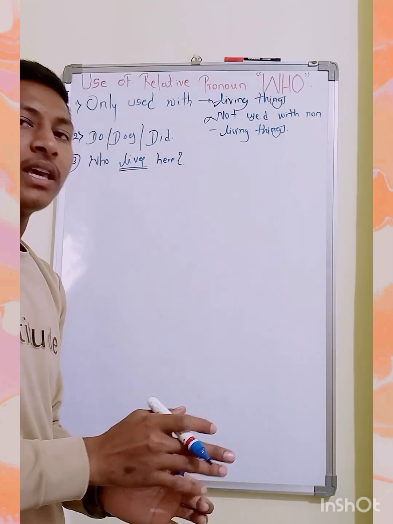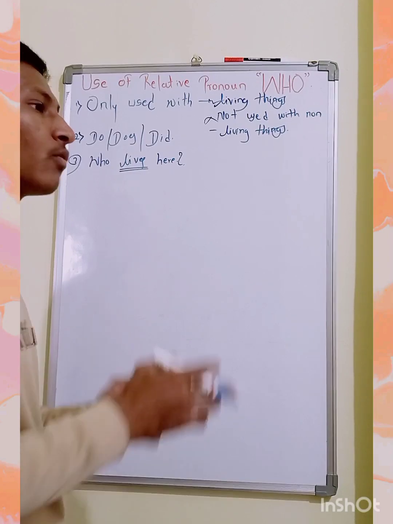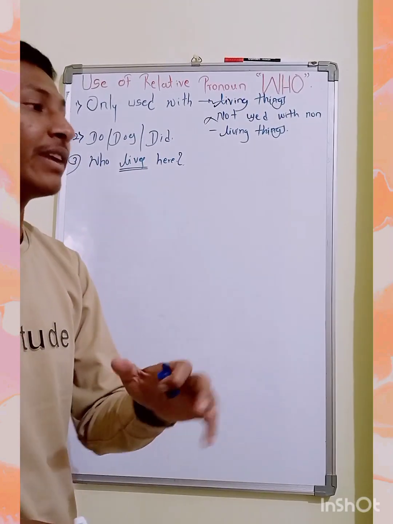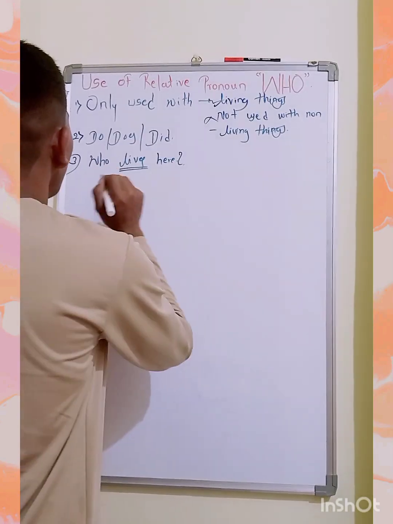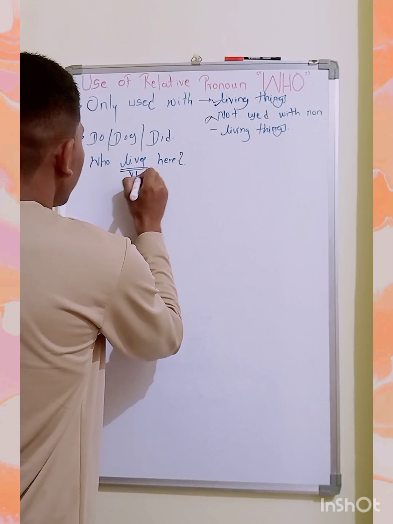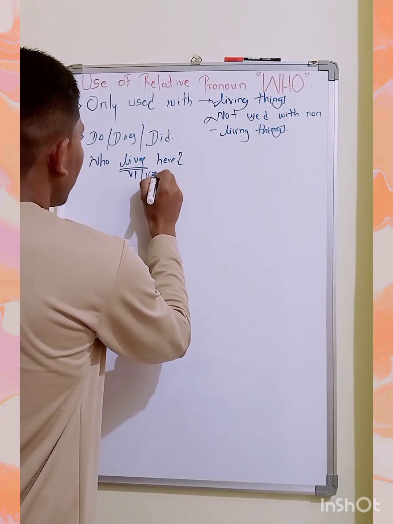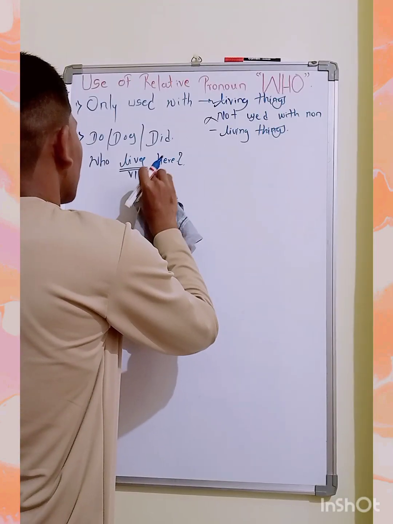The verb should be either in the first form or in the fifth form when used with who. Otherwise, it will be wrong. So you have to use the V1 form with who, or instead the V5 form.